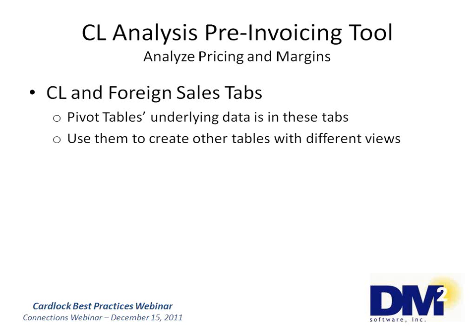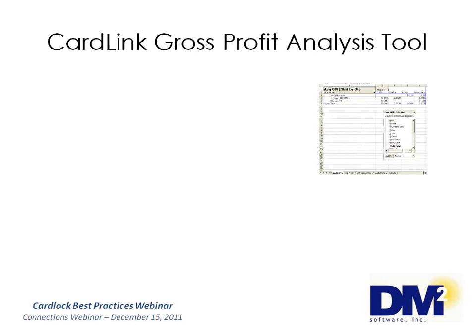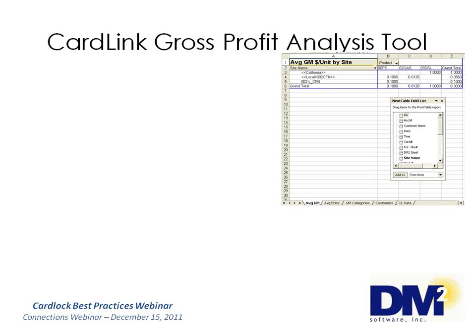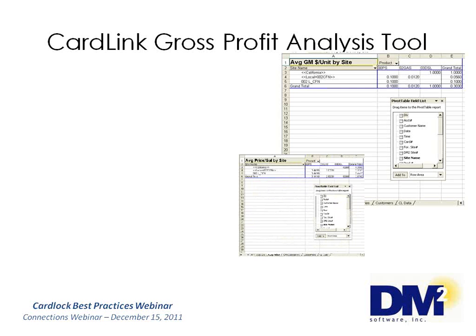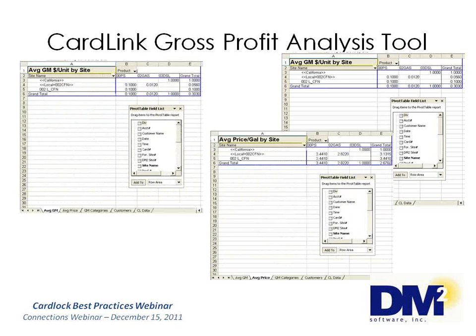There are 2 tabs in here that are the underlying data. One's called CL Data, and that's all your local and remote and retail transactions. All your foreign transactions are in another tab called Remote. Again, this is just some pictures of the gross margin unit by site, the price per gallon by site, and the gross margin dollars by site.